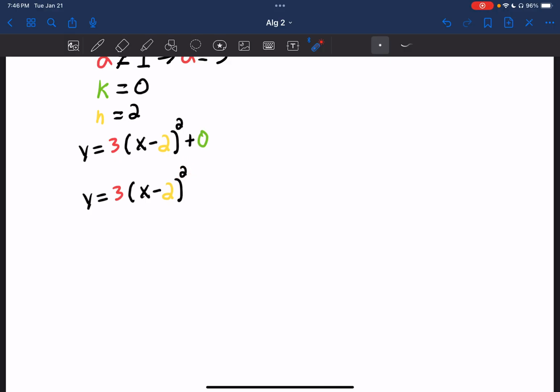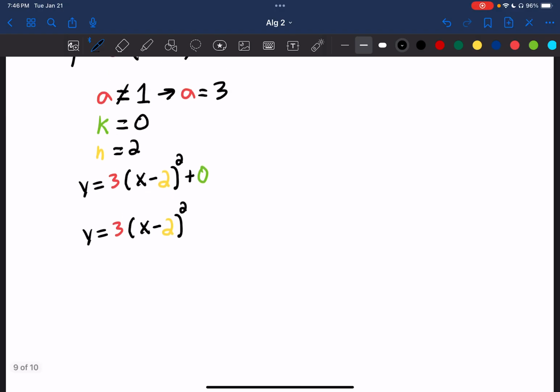And if you remember, I don't know if you guys have done order of operations before, where you have PEMDAS. You want to do parentheses first, and then exponents before multiplication.